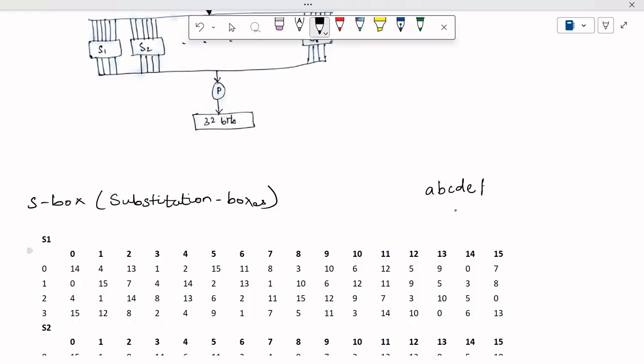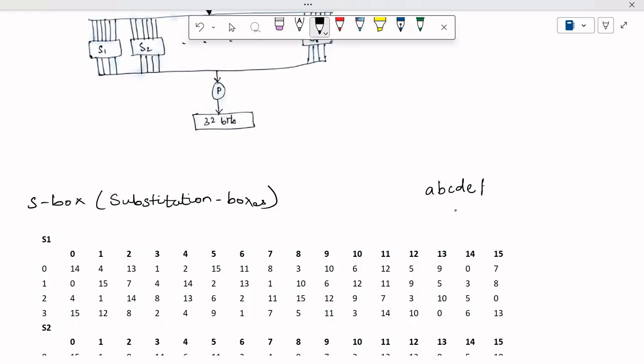How many bits are required to represent the 4 rows? 2 bits, right? 00, 01, 10, 11. 2 bits are required to represent the rows. And what about the columns? 16 values. So 2 to the power of 4 is 16, so 4 bits are required. So out of these 6 bits, 2 bits will be used to represent the row and 4 bits are used to represent the column.